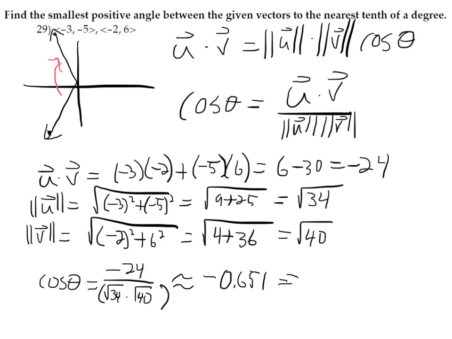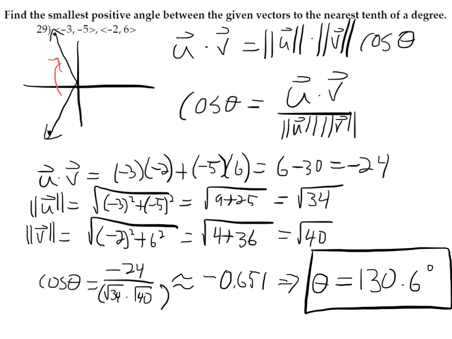Taking arc cosine, make sure you're in degree mode. Arc cosine of that number, so I'm going to do arc cosine answer on the calculator, gives me 130.6 degrees, and I have rounded, as requested, to the nearest tenth of a degree.